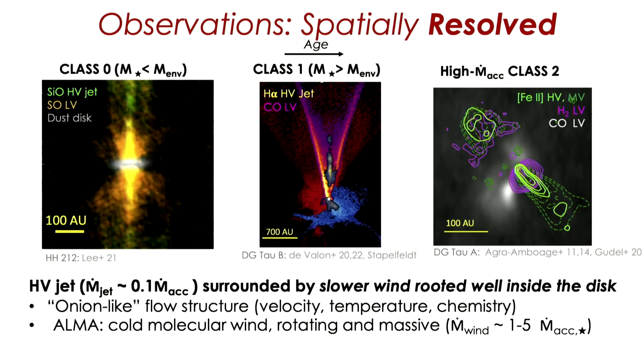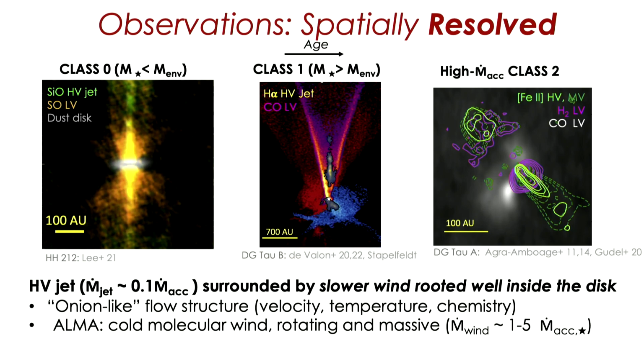Since then, with ALMA, we have been finding quite a number of other, very spectacular examples, especially in younger sources where the jets are much stronger and the outflows are much more massive. This is DG Tau B, a Class I source, and this is HH 212, a Class 0 source, even younger. In each case you see the jet in the middle, and you see these low velocity flows coming from the inner regions of the disk, within a few tens of AU.